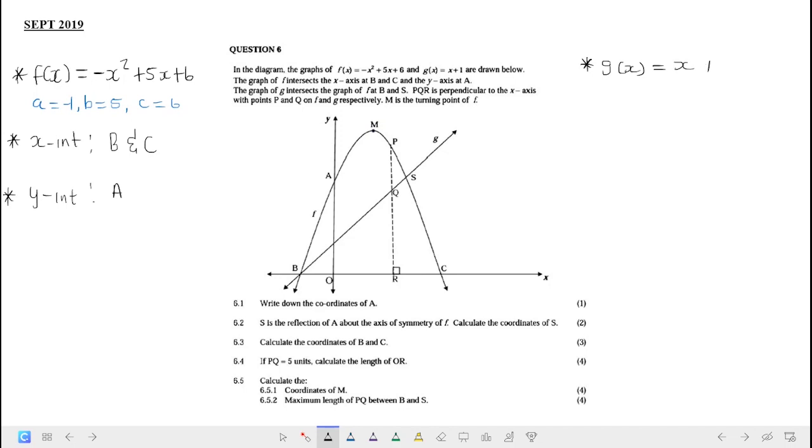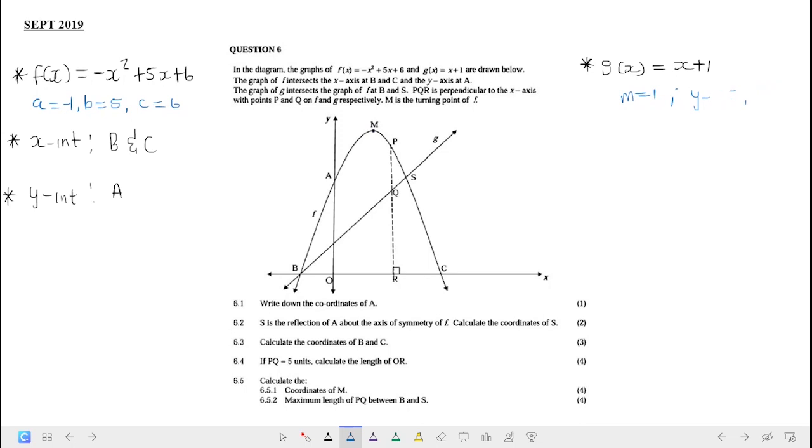Now with x plus 1, I can see that my gradient is 1, and also that my c, or my y-intercept, is also 1.